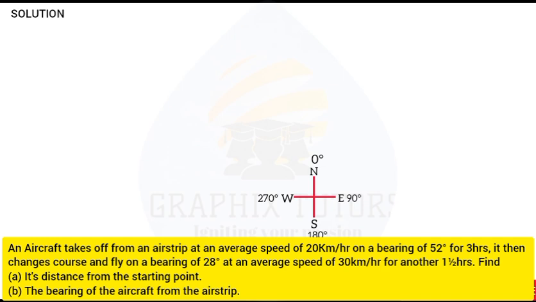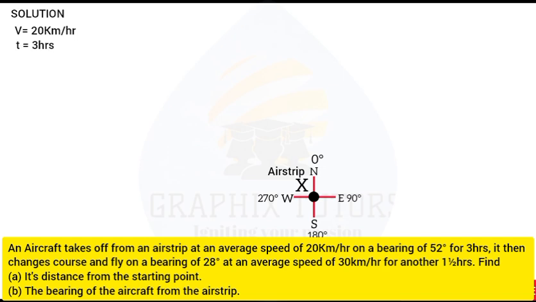So we move forward. Now the question says that the aircraft will take this point here that I marked, which should be my point X. You can take A, B, or C depending on what you want. So this is point X, our airstrip where the aircraft is taking off from. And it takes off with an average speed of 20 km per hour, on a bearing of 52 degrees for 3 hours.